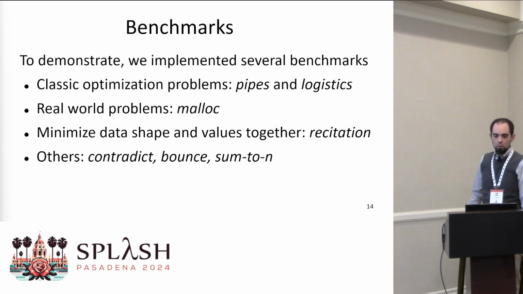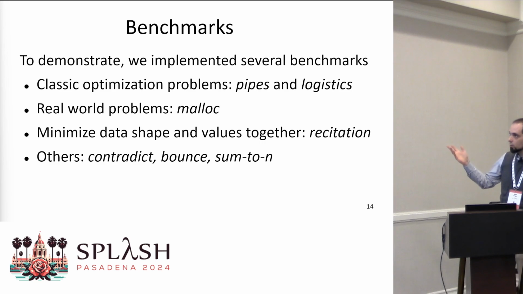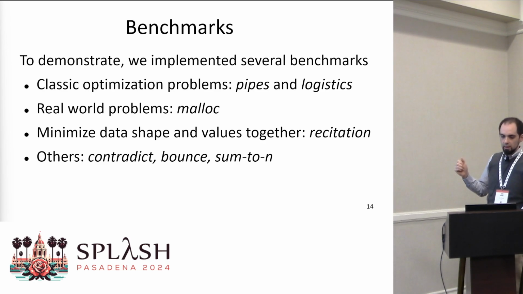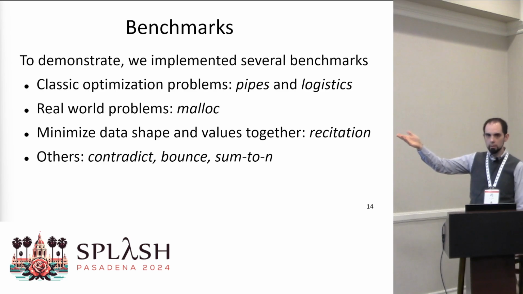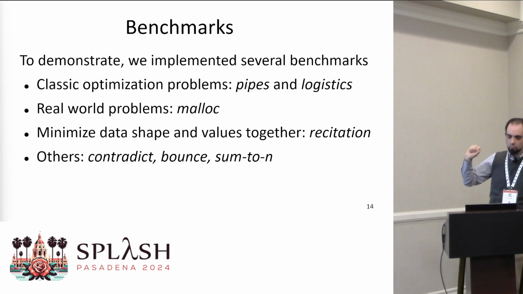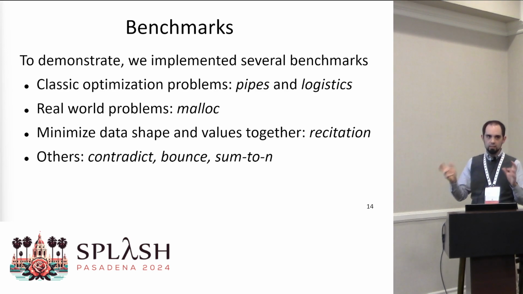All right, so to demonstrate Scimitar, we implemented several benchmarks: a couple of classic optimization problems, a maximum pipe flow problem, a profit resource scheduling logistics problem, the arena allocation problem we saw earlier, and a nifty one called recitation, which optimally assigns students into different recitations and at the same time chooses which recitations to do and their sizes.